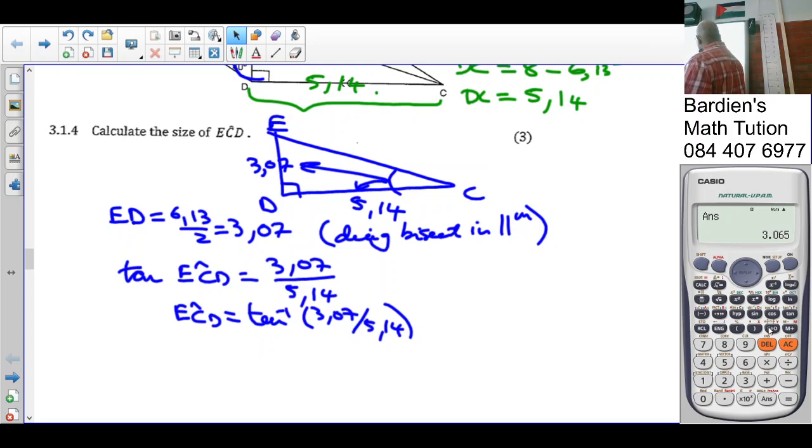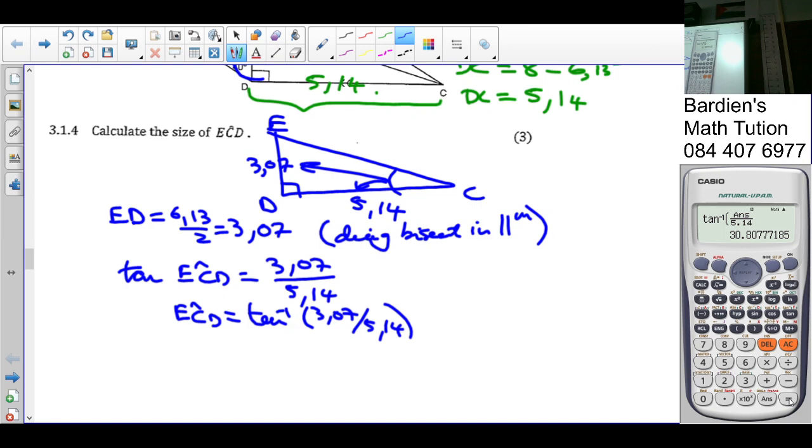Yes? So arctan of answer over 5.14 is 30,81 degrees. Okay, any confusion there? Any confusion? No?